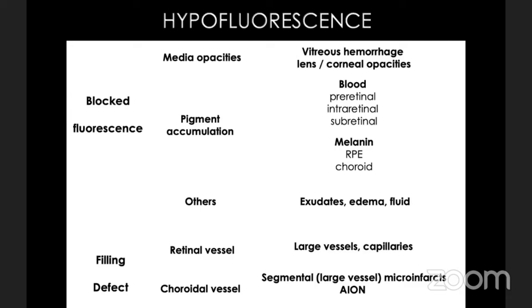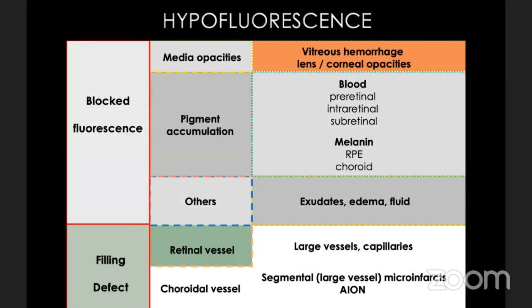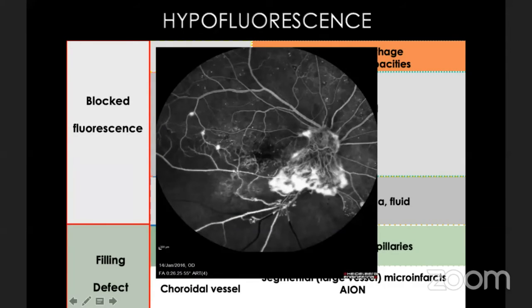Pigment accumulation can block the fluorescence; the pigments are basically blood and melanin. And then the filling defect: the retinal vessels are not being perfused, and we can see the filling defect over here.